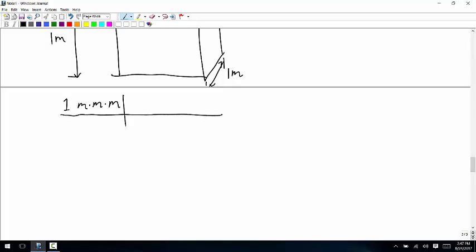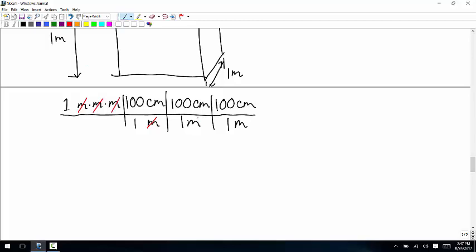So I'm going to start with 1 meter times meter times meter. I'm going to multiply by 100 centimeters over 1 meter. And that cancels one of our unwanted meters. And so I'm going to have to do it 2 more times to cancel all of these. 100 centimeters over 1 meter. And then the third one, 100 centimeters over 1 meter. And if you cancel them out, you can see that now we're finally left with only centimeters.